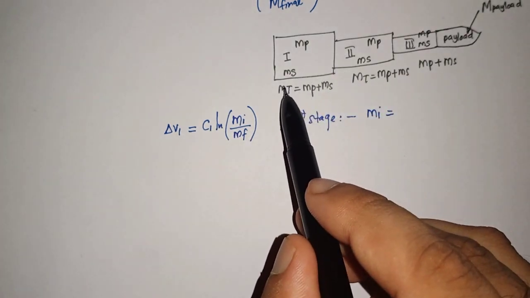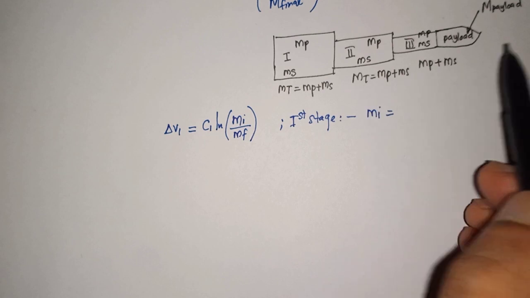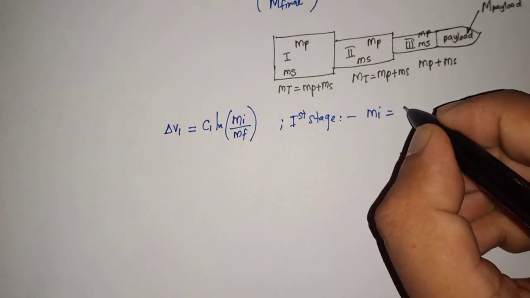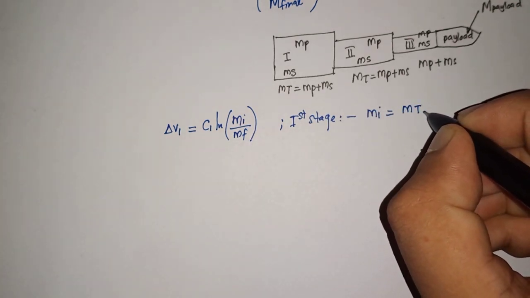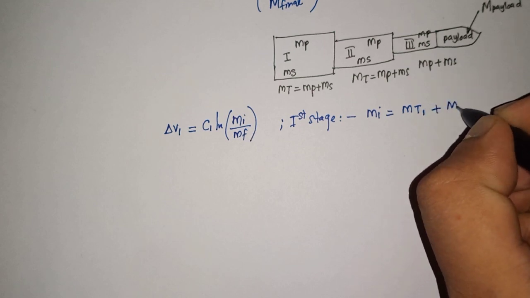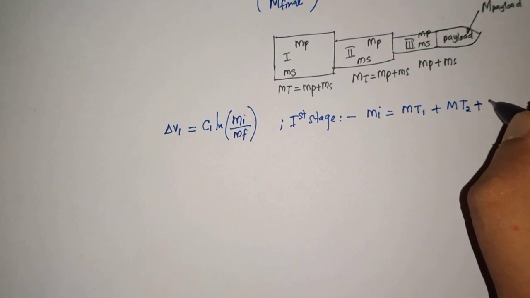So this is going to be m total of the first stage plus m total of the second stage plus m total of the third stage plus the mass of the payload.